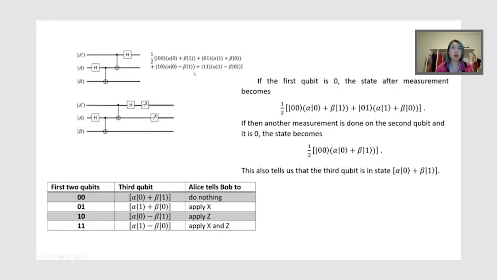So what Bob will have will be this state here. And Alice looks at her table, knowing that this will be what Bob gets. She calls Bob and tells him, do a Z gate to your state. Then you will get what I want you to have. So that's it. This is our famous teleportation algorithm.